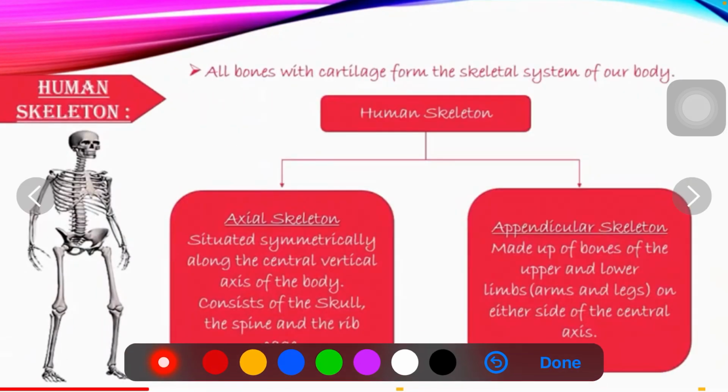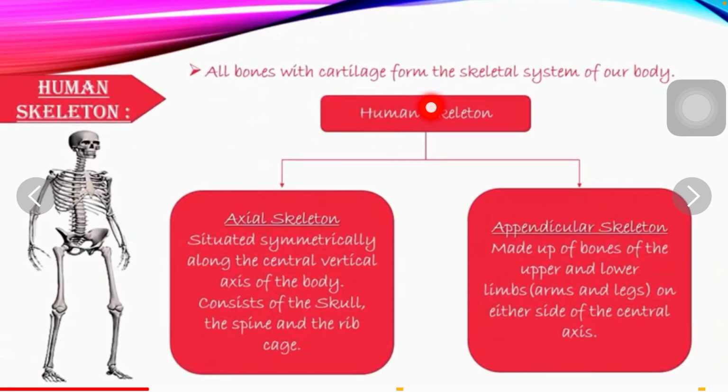Students, all bones with cartilage form the skeletal system of our body. Now, as I told you, the human skeletal system is divided into axial skeleton and appendicular skeleton. The axial skeleton is situated symmetrically along the central vertical axis of the body.